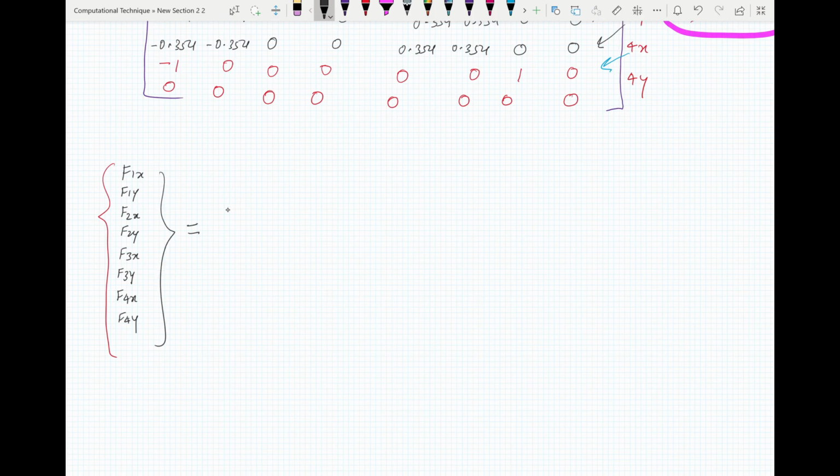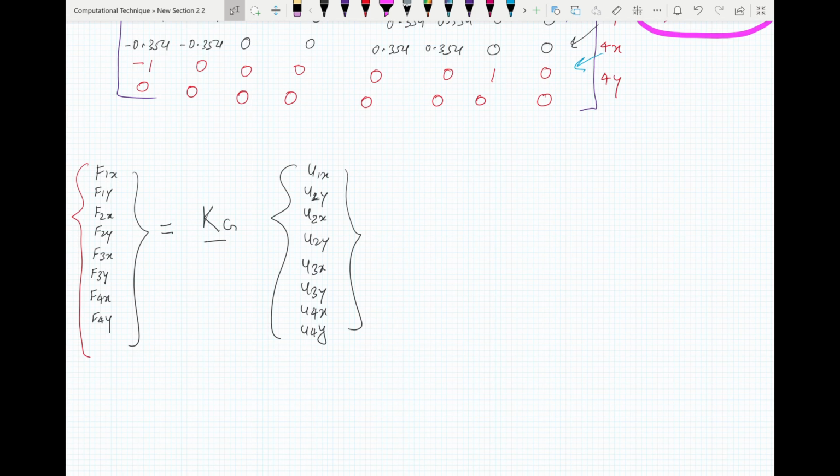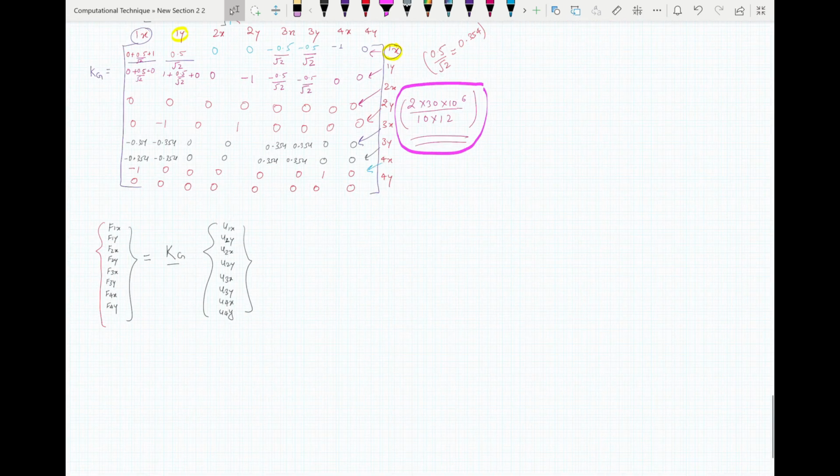Now this will be equal to your global stiffness matrix times U1x, U1y, U2x, U2y, U3x, U3y, U4x, and U4y. This is our equilibrium equation for the whole system.